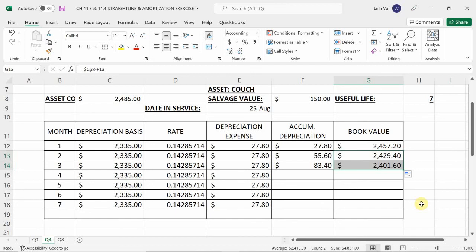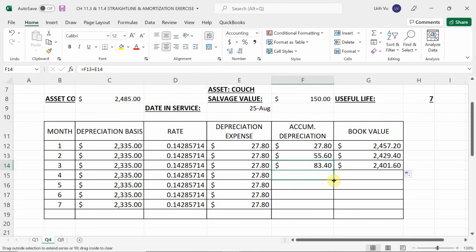So now we add this all together, 27.80 plus 55.60. We're on 83.40. We're on the fourth one, not the third one. I thought we needed to add them all together, the three of them.